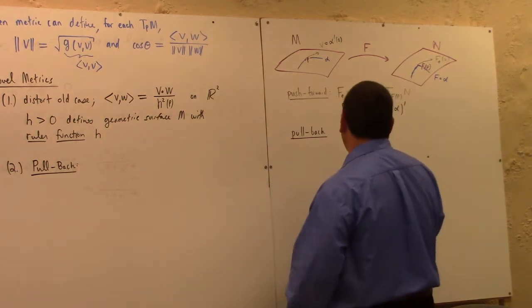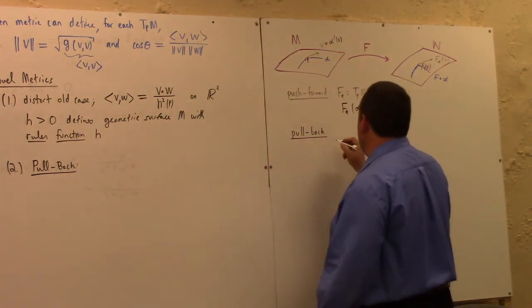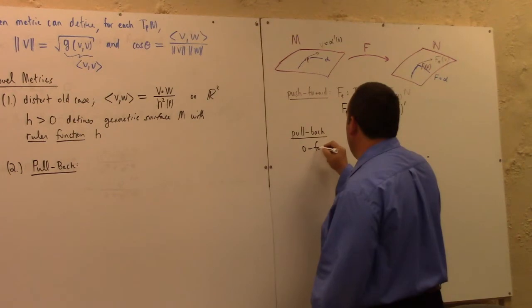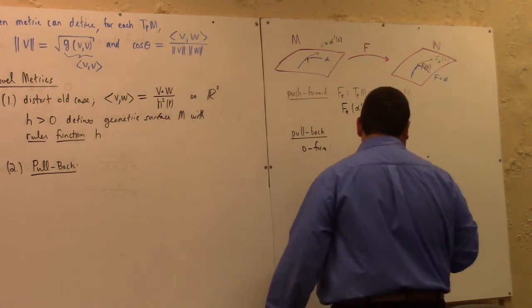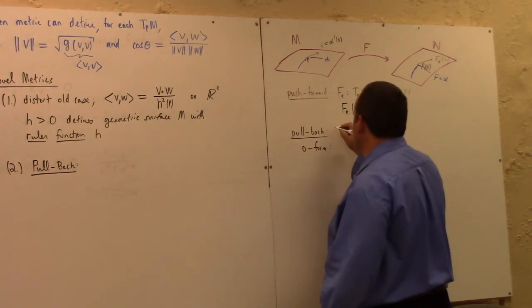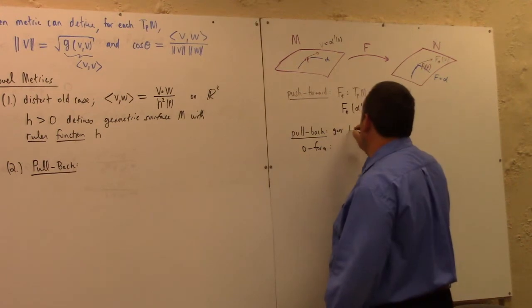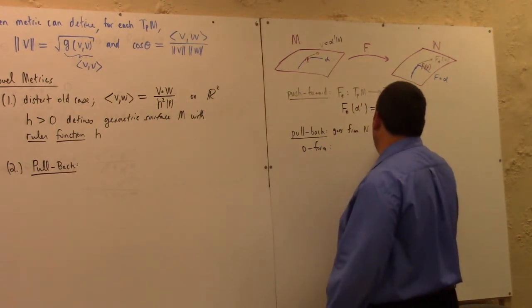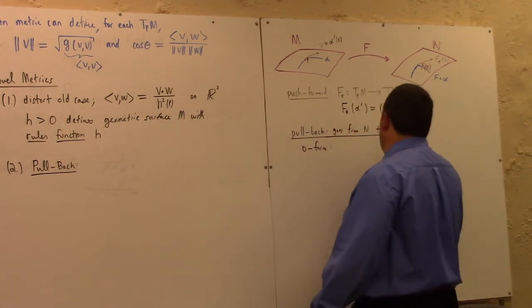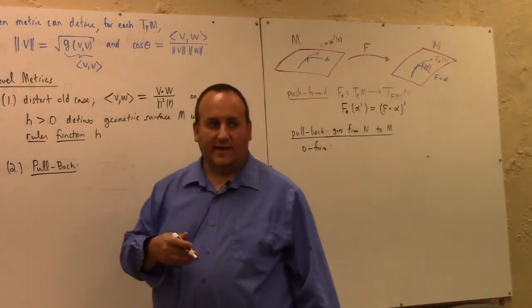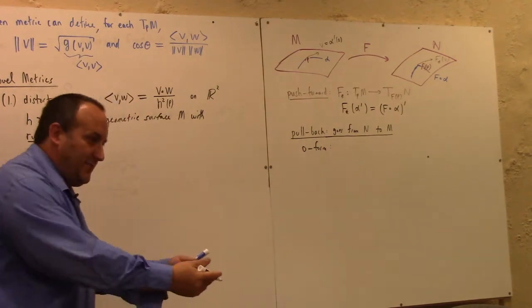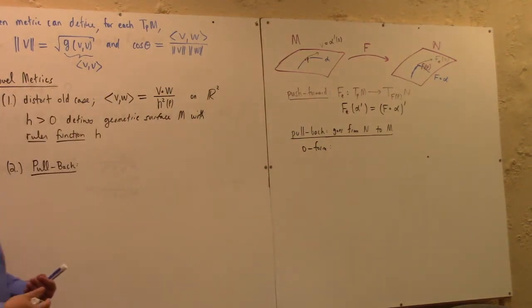So first of all, we can talk about the zero form. Pullback goes from N to M. It takes an object on N and it brings it back to an object on M.